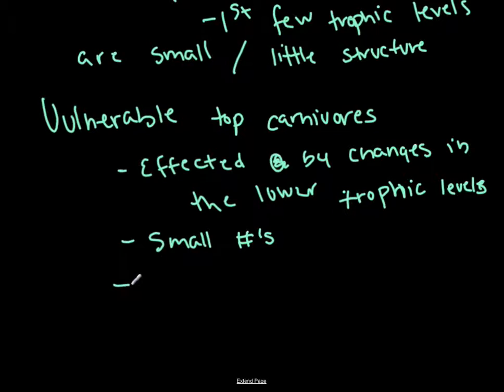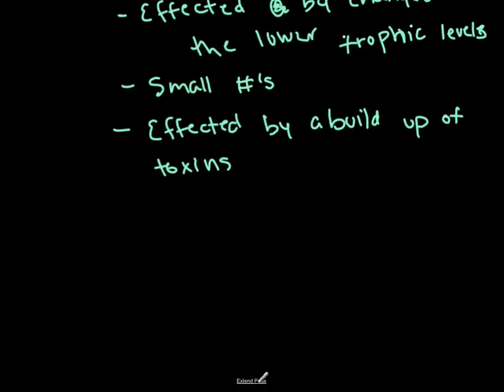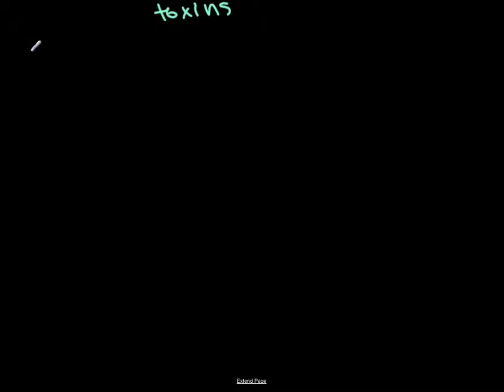And they're affected by a buildup of toxins. There's a million different examples. We'll talk about a few in class, hopefully. And what that's called is biomagnification, and you might also see it as bioaccumulation.